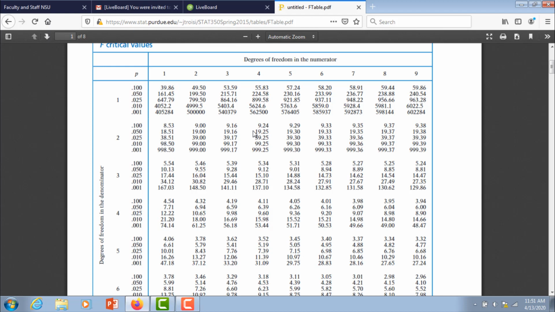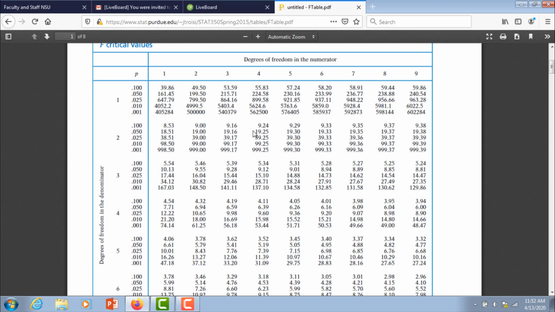And our degree of freedom in the denominator, or within, okay, is 36 because we took into consideration the entire group of individuals that we were working with, which was 40, and we subtracted the groups from it, which gave us 36.